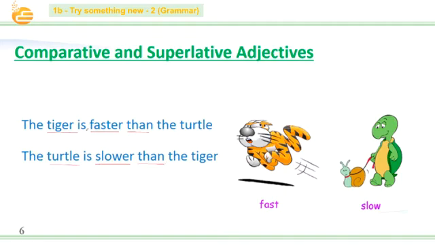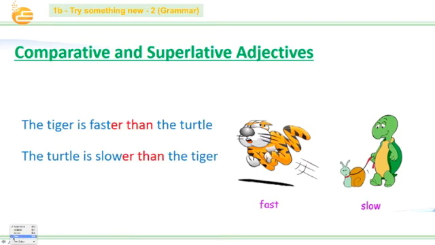Okay? The tiger is faster than the turtle. The turtle is slower than the tiger. We compare between the tiger and the turtle using adjectives, because it's comparative, everybody.